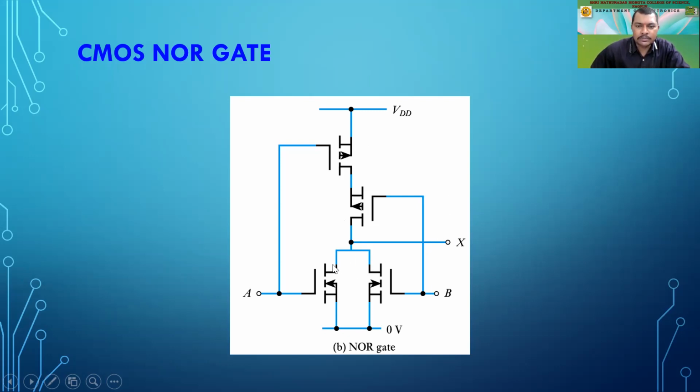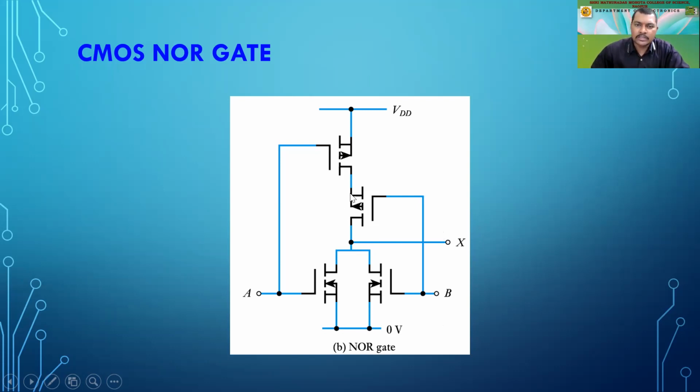And since both these transistors which are in parallel will not work when we apply 0 0, they will remain in the off condition, and they will not be connected to the ground, right? So this will become high. When both the inputs are 0 0, or when both the inputs are low, then the output will become high, right?